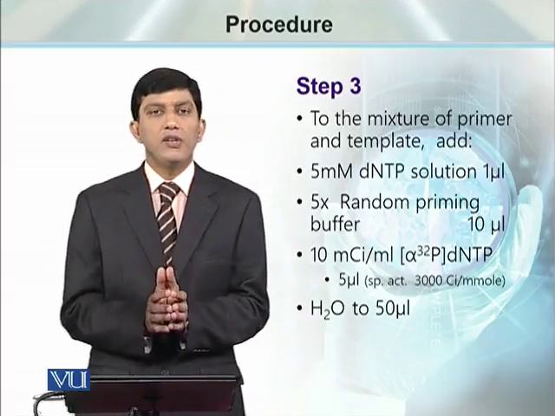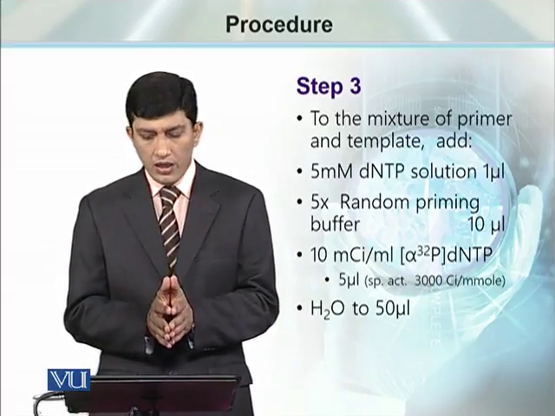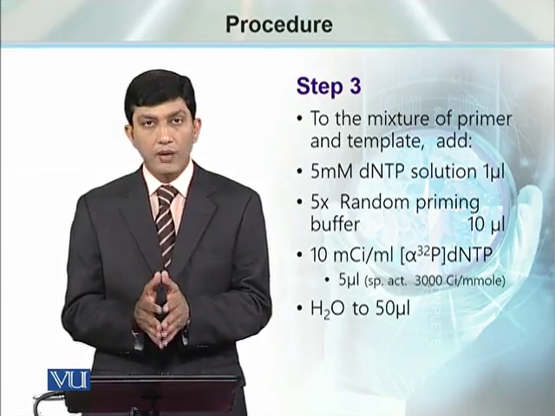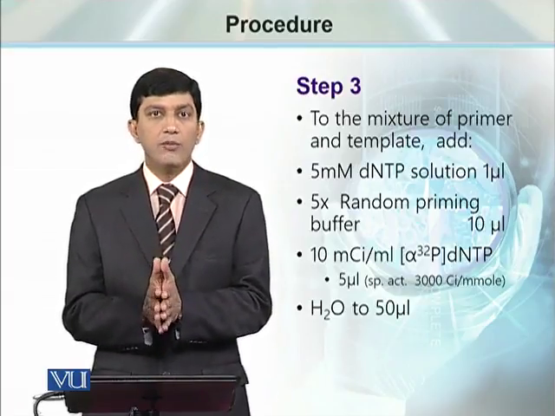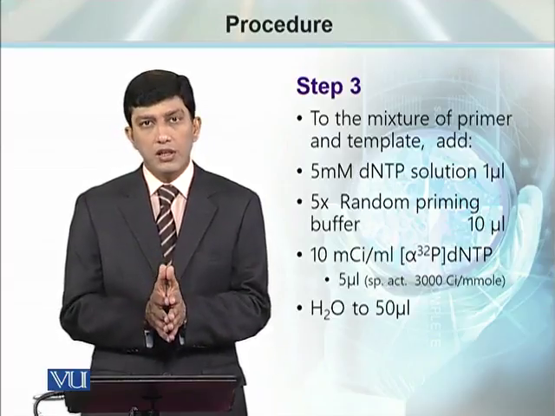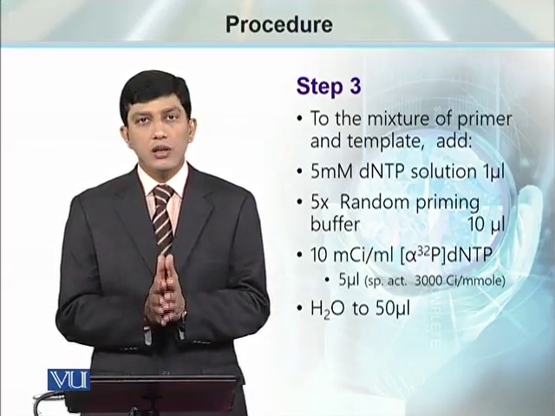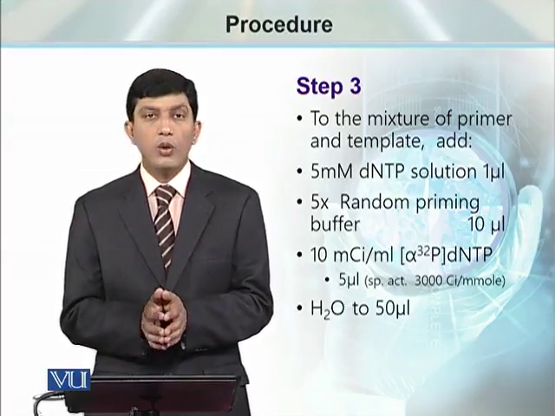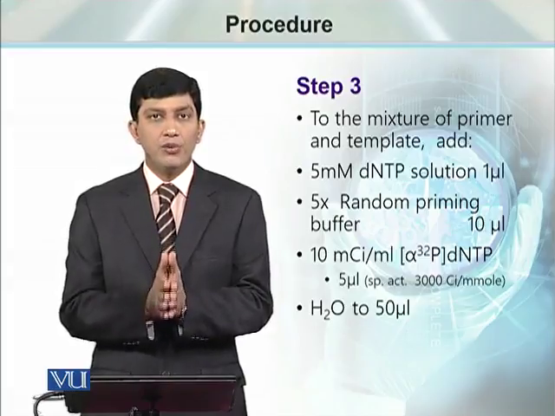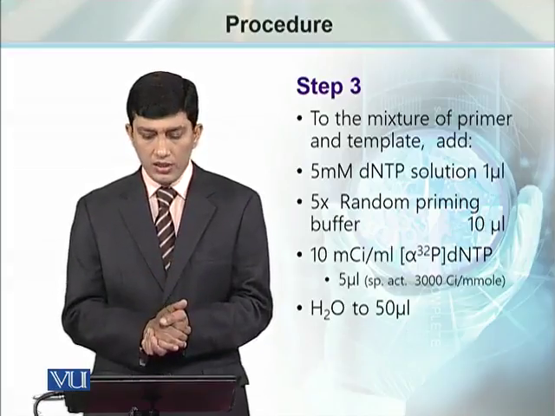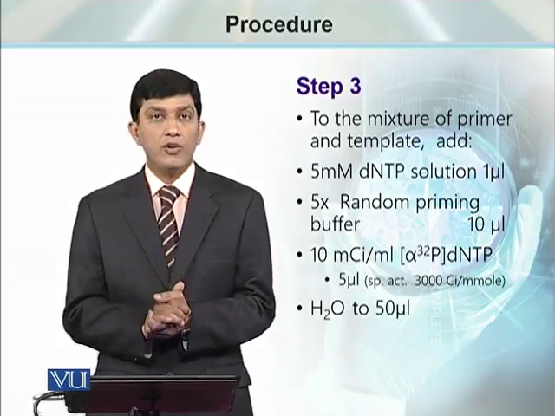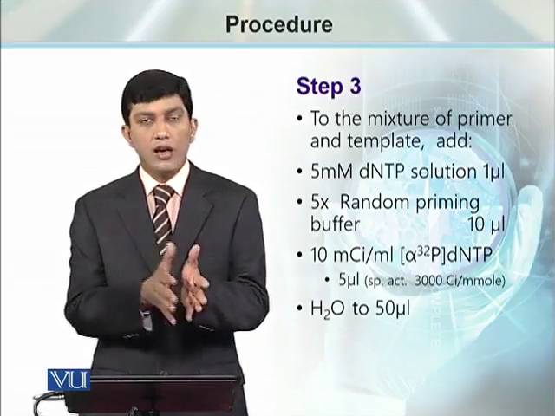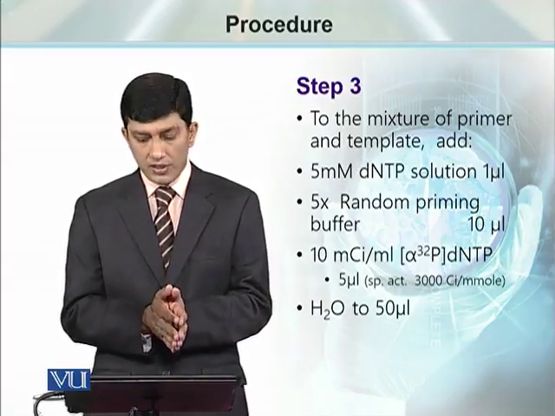The next step is addition of the components. We are going to add dNTP solution, 5 millimolar dNTP solution, 1 microliter each if we are using individual nucleotides, or if we are using the mixture of 3 nucleotides. Then we are going to add a random priming buffer, 10 microliters, and 5 microliter of the radio labeled probe, which has just arrived to your lab or to your facility.